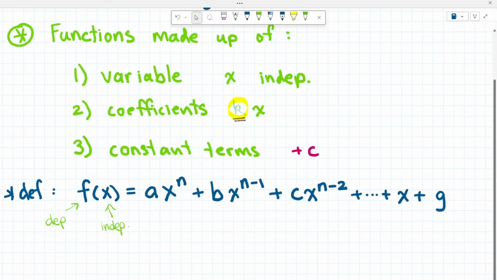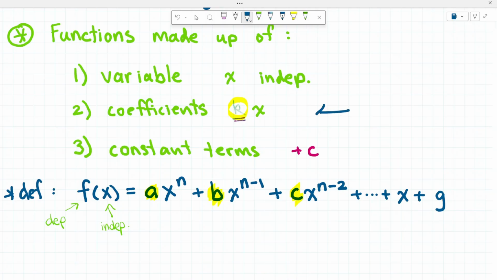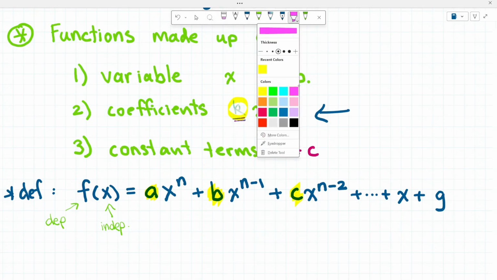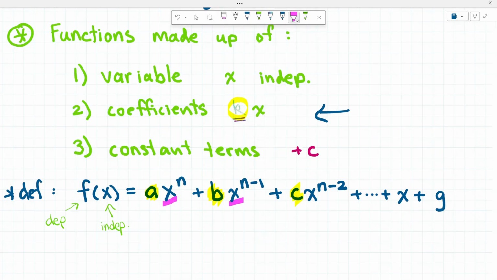Okay, so if I look over here, let's analyze everything that's going on. These values that I'm highlighting right now are our coefficients. There's some constant coefficient that's multiplied with our variable. And next, we can see that we have our variable x over here. This is what we discussed in our first component.